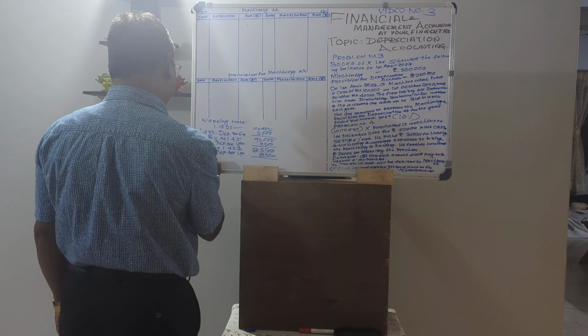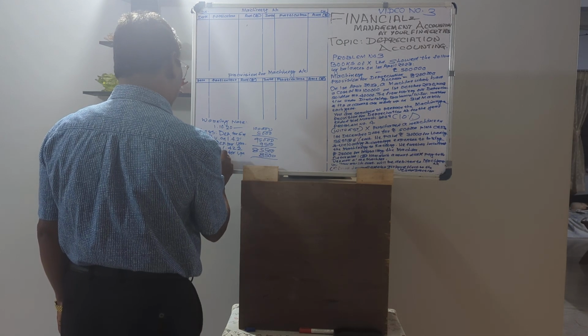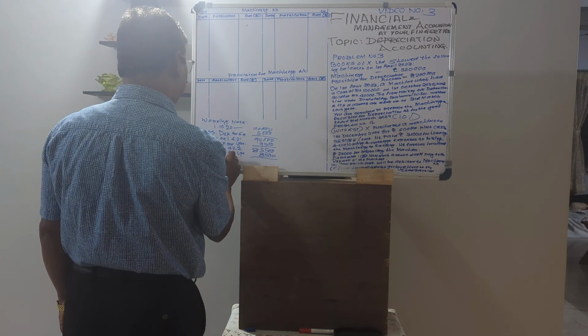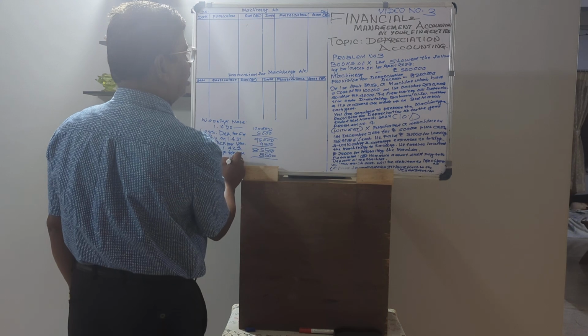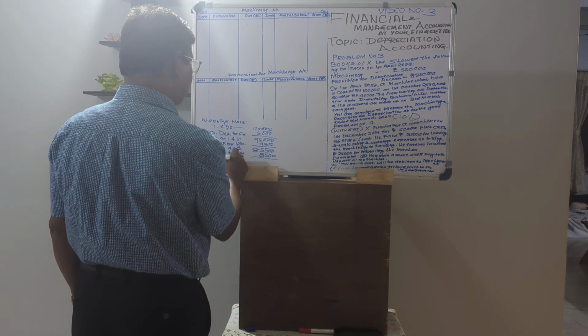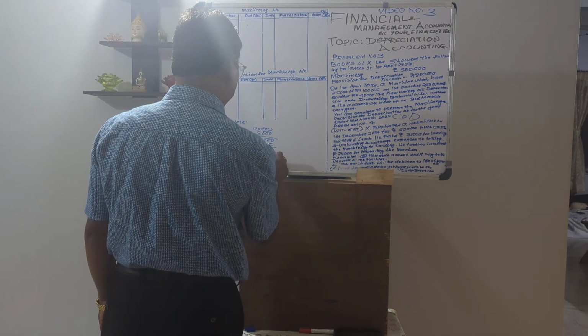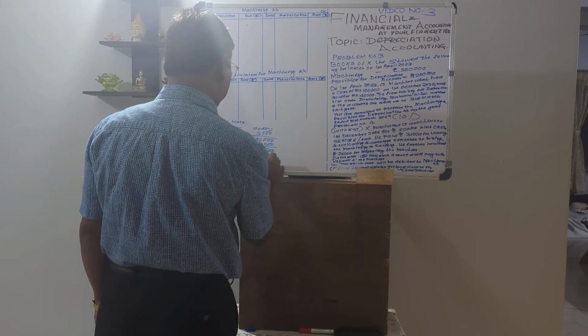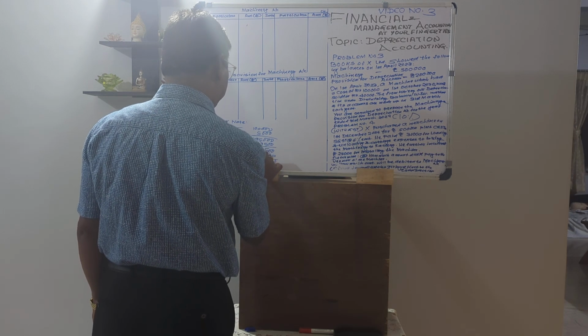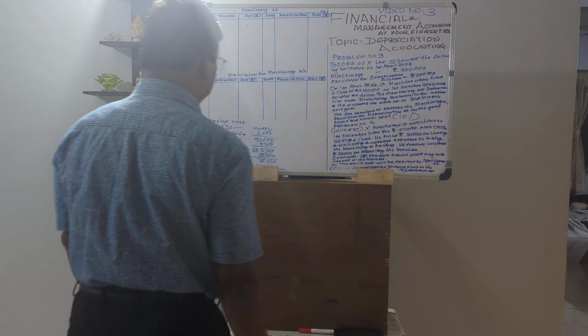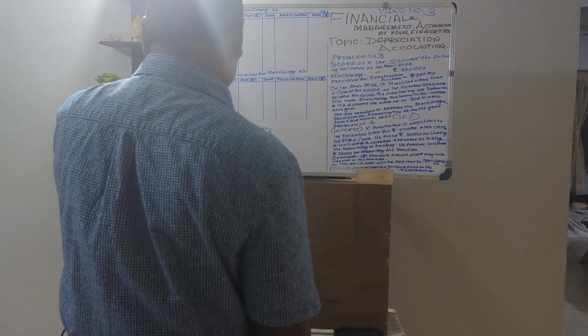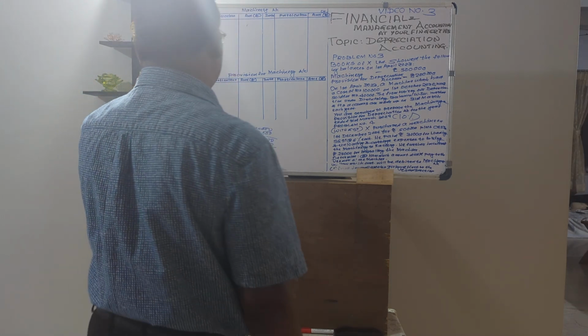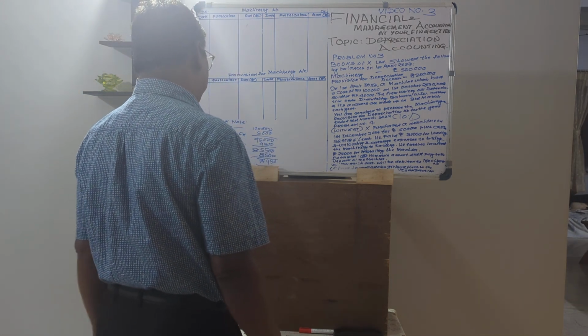So the written down value or book value on 1st April 2023 is 76,950. 76,950 is the written down value of that machinery.